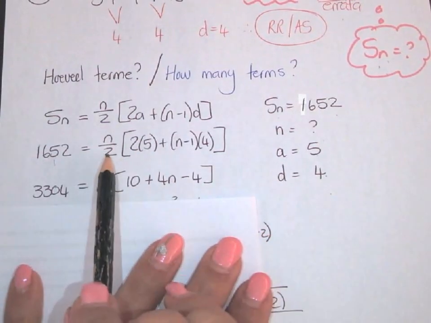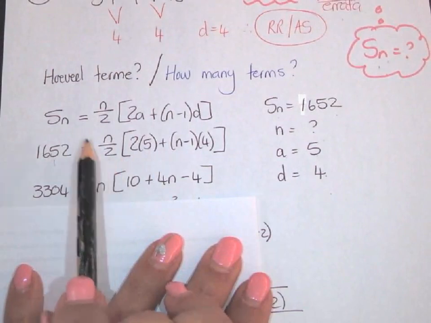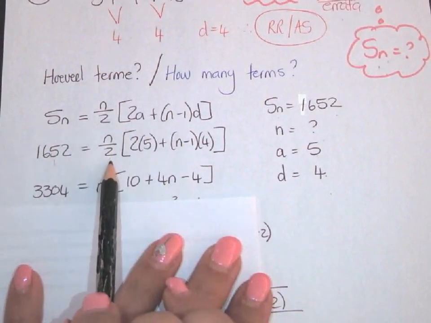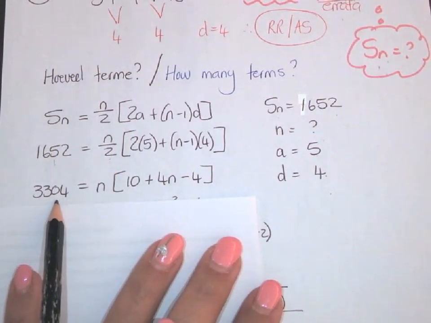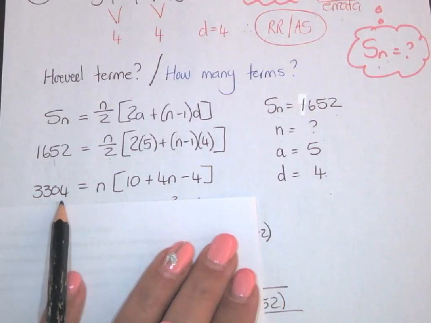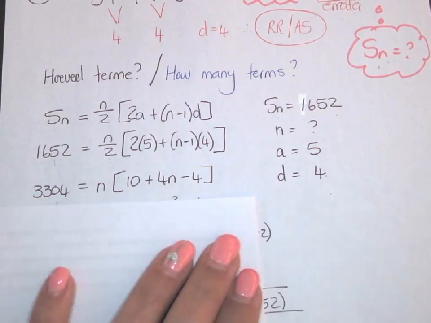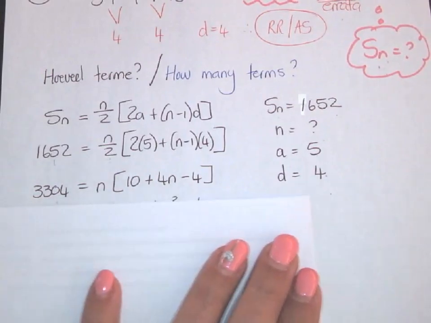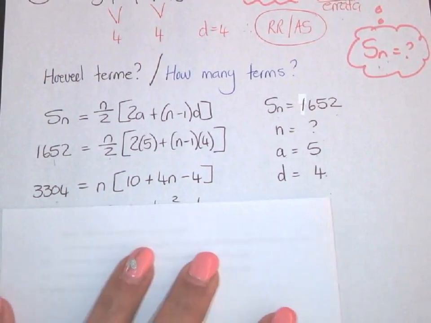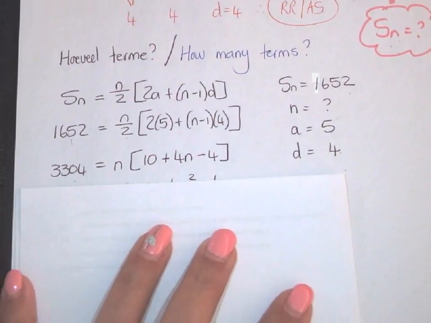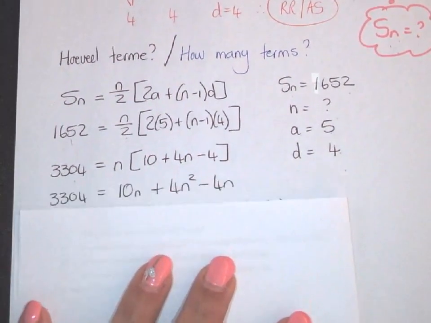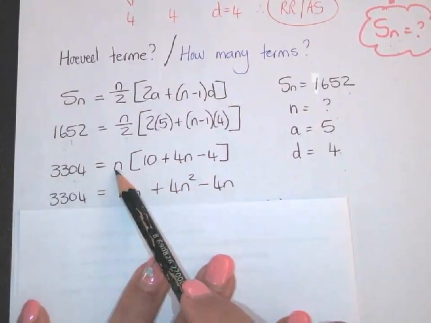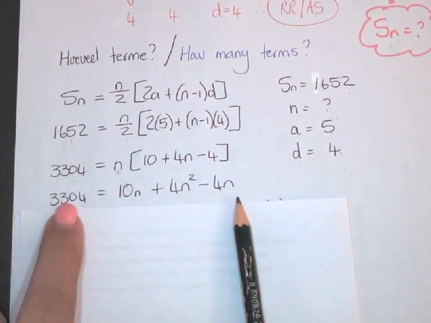Then I multiply it with this 2 on both sides to get rid of the fraction. Make sure that you have the correct value on your notes. Then I multiply the n into the bracket. Make sure that you have the correct values on your notes.